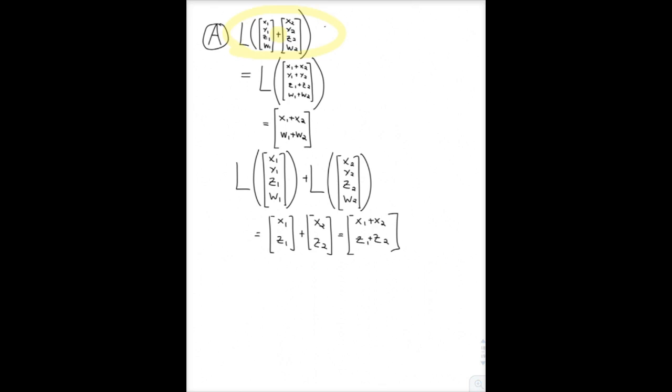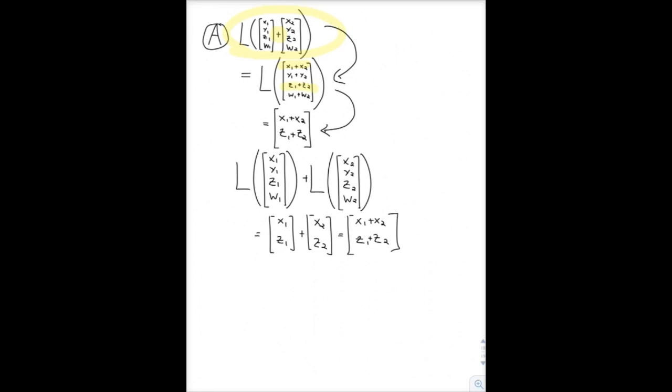So from here to here is just vector addition. From here to here is application of the definition of L. L picks out, there they are, the first and the, whoops, that's a typo. Should be the first and the third, one second. There we go. L picks out the first and the third components.